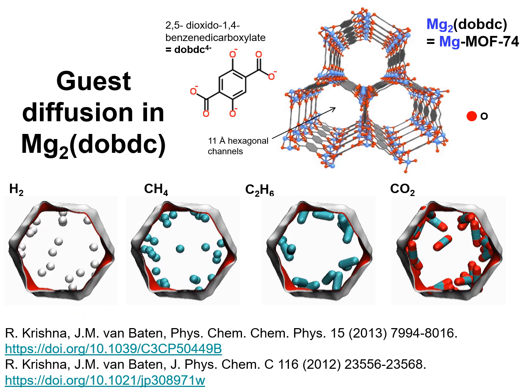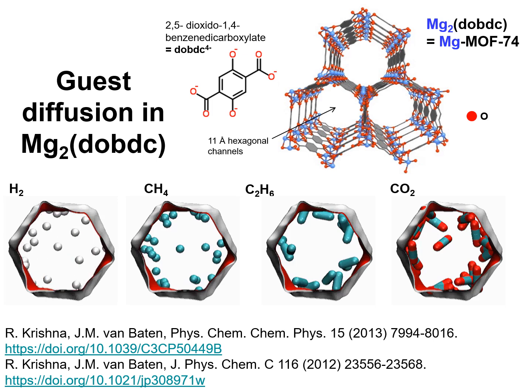Let's begin with hydrogen. The molecule is very poorly adsorbed and gets reflected from the framework on striking, and the diffusion characteristics are more or less described by the Knudsen diffusion formula.